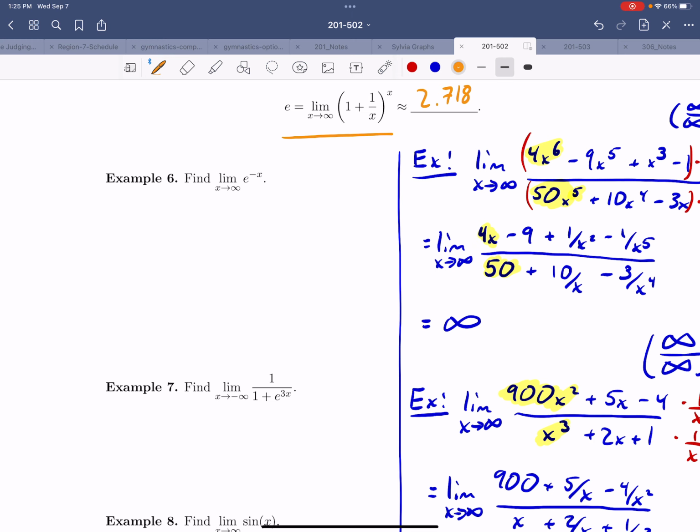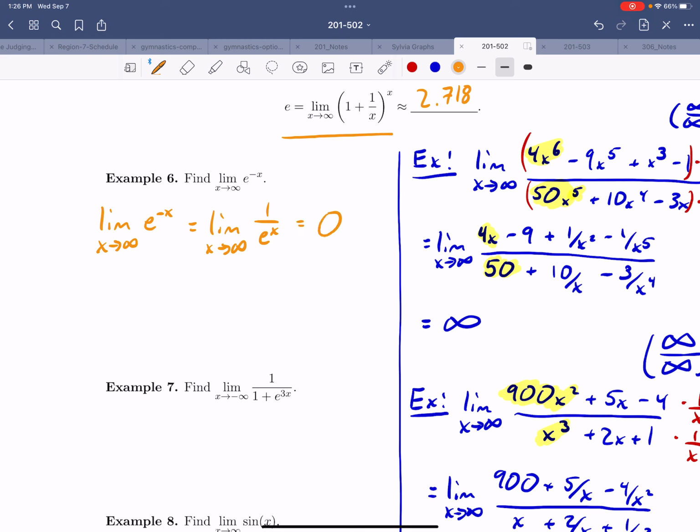Right, so find the limit as x approaches infinity of e to the negative x. Well, the first thing to notice is that anytime you have a negative exponent, that's the same as 1 over the number to the positive exponent, right? Now remember, e is just some positive number, right? So as x gets large, e to the x gets large.